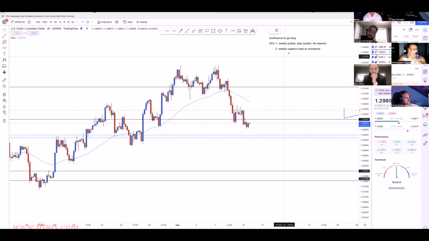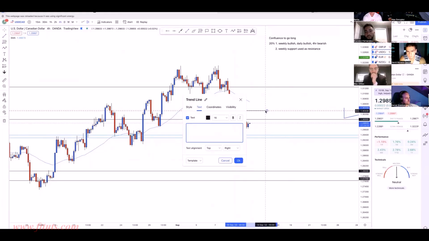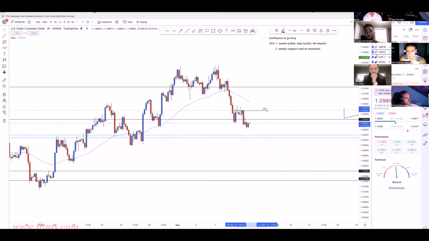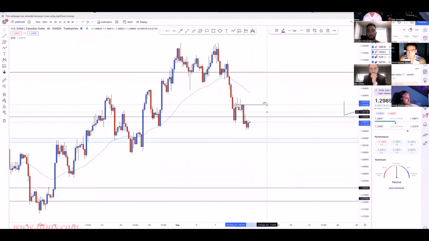In order for us to be interested in this trade, the moment we body close above this lower high, you're green. The probabilities of this trade going up are a lot greater than going down. Everything we're doing right now is just painting the picture.